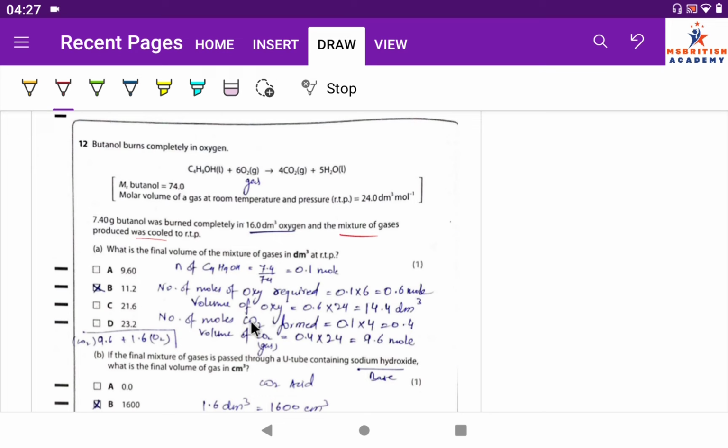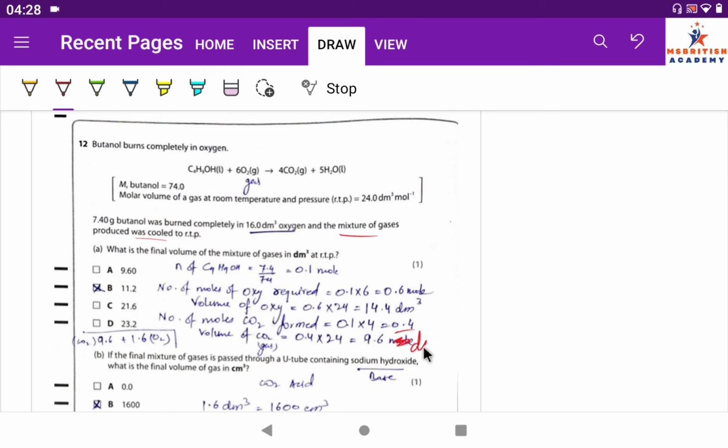The moles of carbon dioxide produced, because the ratio is 1 to 4, is 0.1 to 0.4 moles. Now the volume of CO2 gas produced is 0.4 times 24, which is 9.6 decimeter cube.